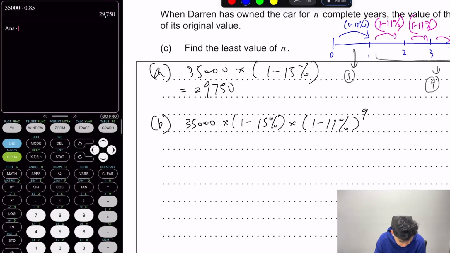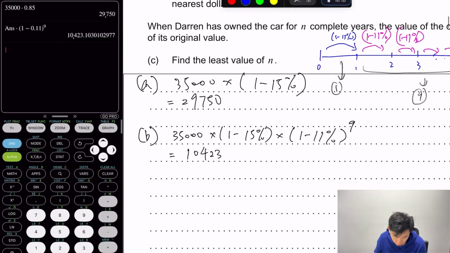Answer times bracket 1 minus 0.11 close bracket to the power of 9, press enter, and then your answer should be 10423. Okay, that's it, because you're going to be correct to the nearest dollar.